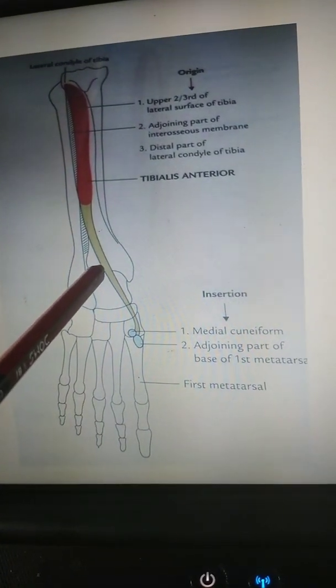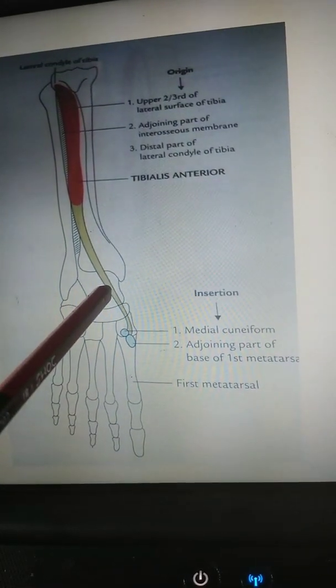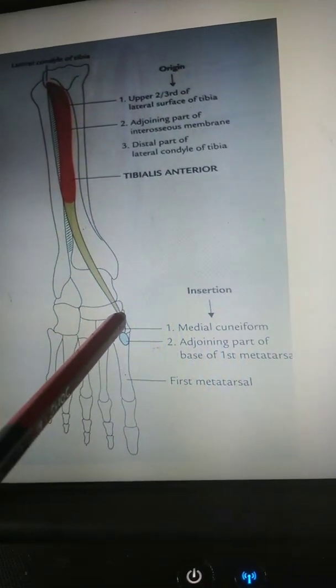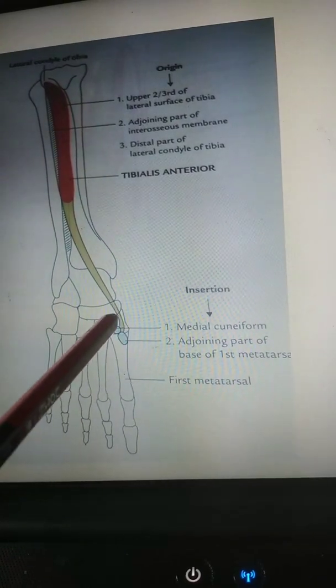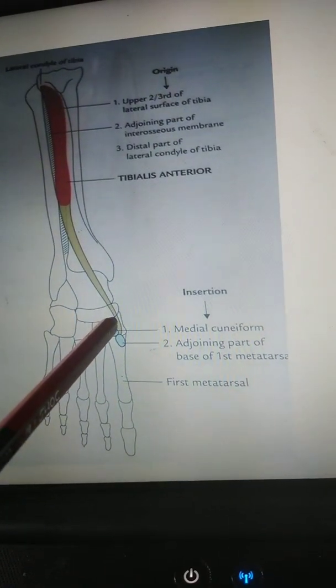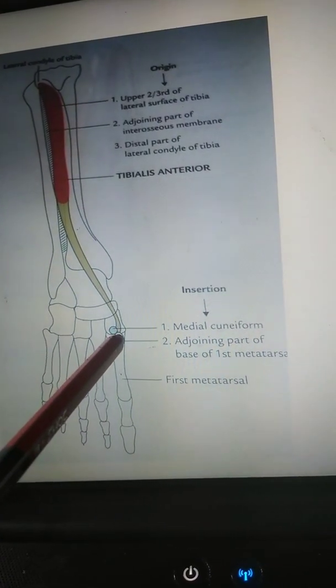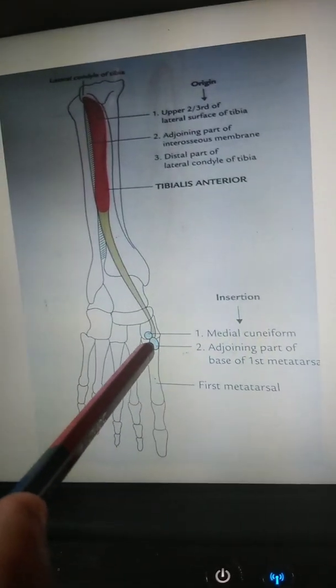It pierces the medial part of superior extensor retinaculum and the upper band of the inferior extensor retinaculum. It passes medially underneath the inferior head of inferior extensor retinaculum to be inserted on the inferomedial side of the base of the first metatarsal bone and adjacent part of the medial cuneiform.